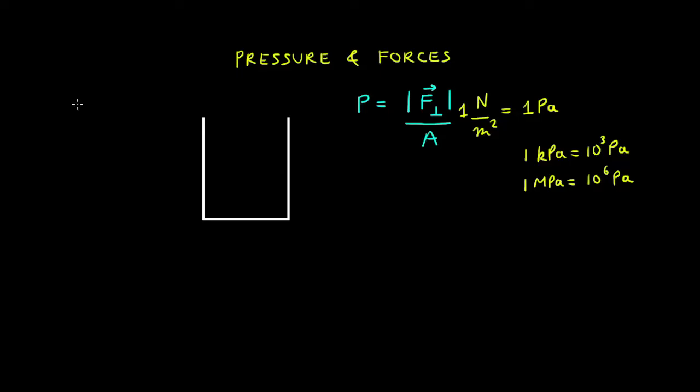So for example, suppose we have water in a rigid container and we look at some object submerged in the water. So what we have is some block. Therefore the fluid exerts contact forces on the block in all directions.